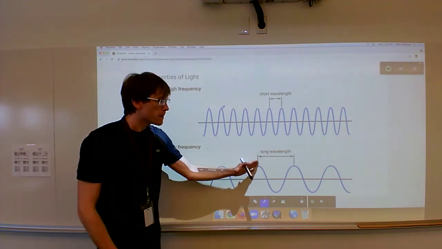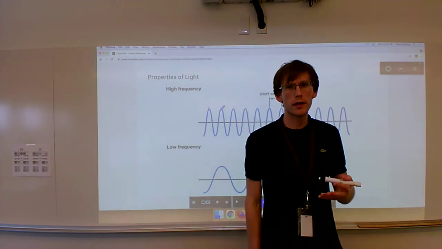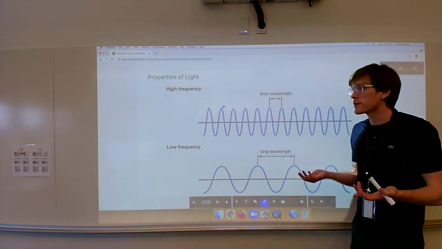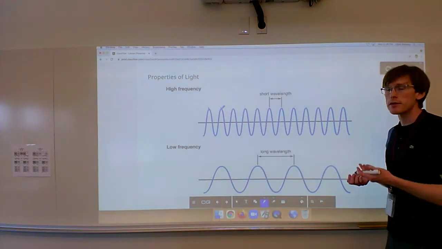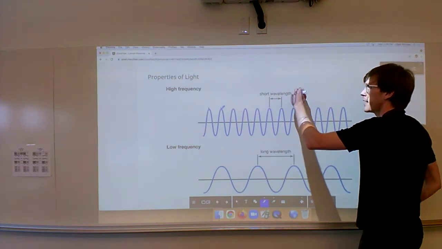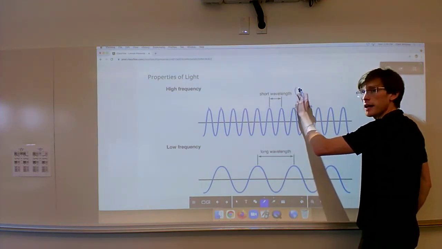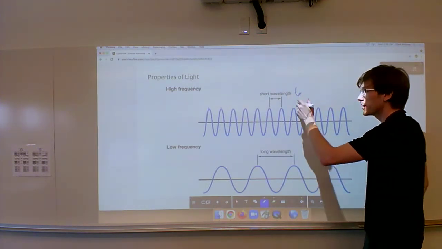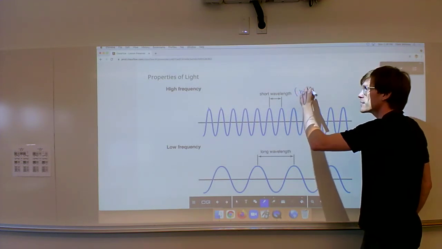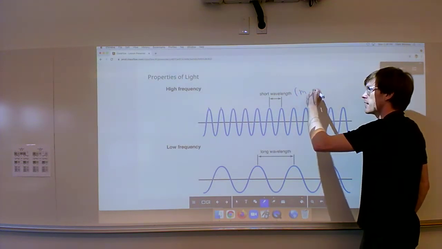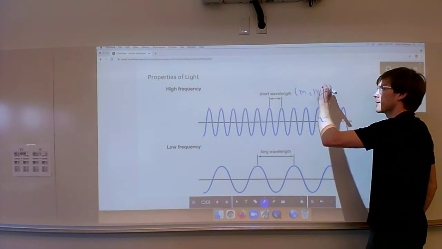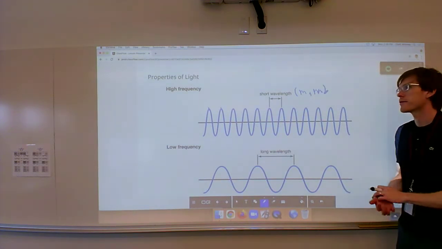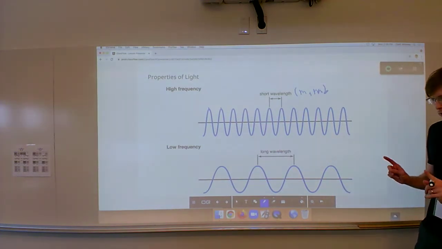And this is actually measurable in simply length. So for example, it could be in meters or nanometers. It's commonly measured in nanometers if we're talking about visible light, but at the very least we've got meters or maybe nanometers.